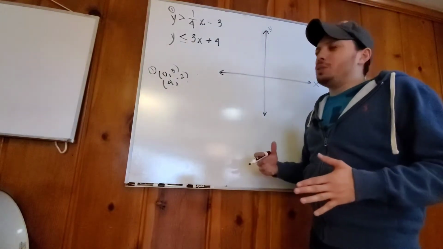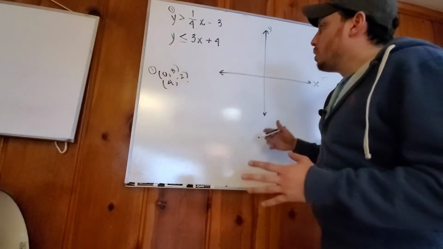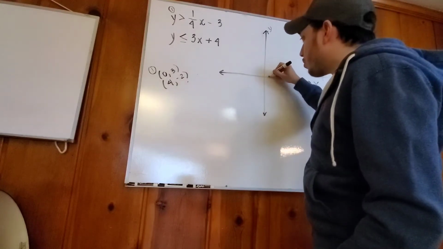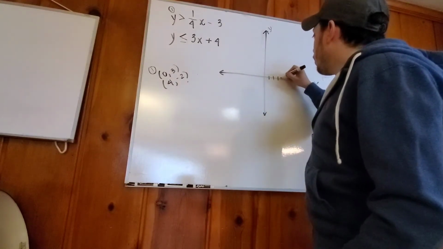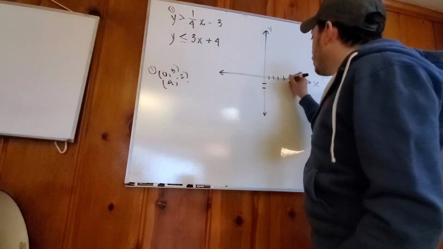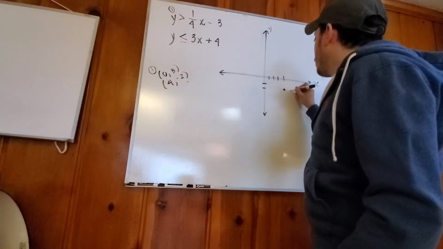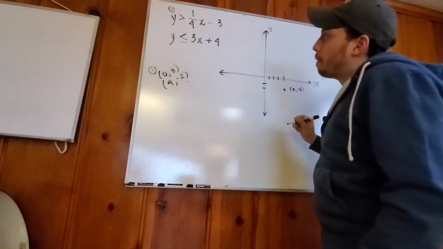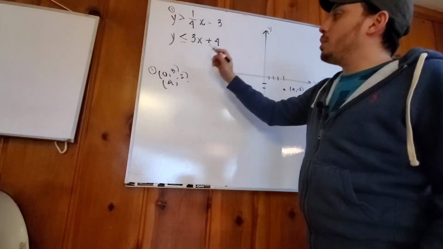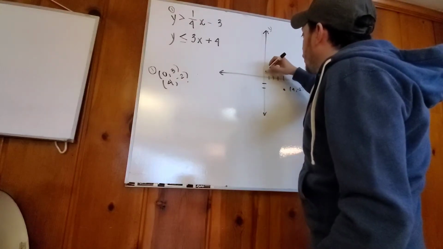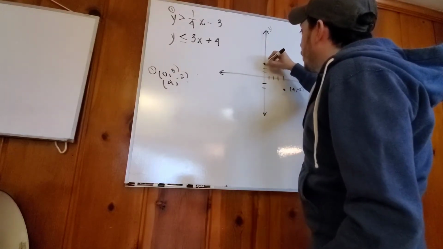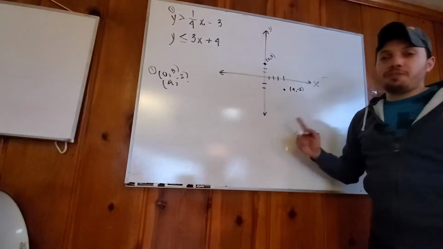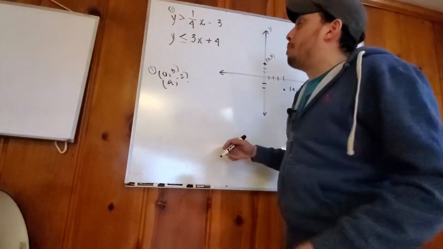Hopefully you already know how to do this. It's not supposed to be really hard. So let's plot those points here. 4, 1, 2, 3, 4, and -2. Then we have 0, -3. 0 and 1, 2, 3. So my y-intercept is 0, -3. There you go. 2 points for the first linear inequality.